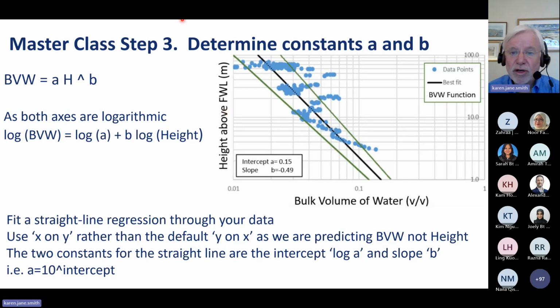So you just derive this straight line here. It will give you two things. It will give you a slope, in this case 0.49, and it will give you an intercept. From these two, it will give you directly our B here, but A must be taken as 10 to the power of the intercept. So I will be doing that in the individual data sets for your fields.